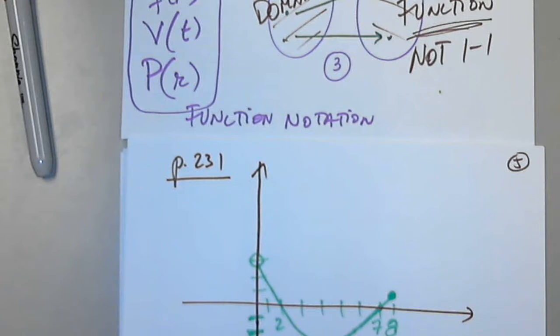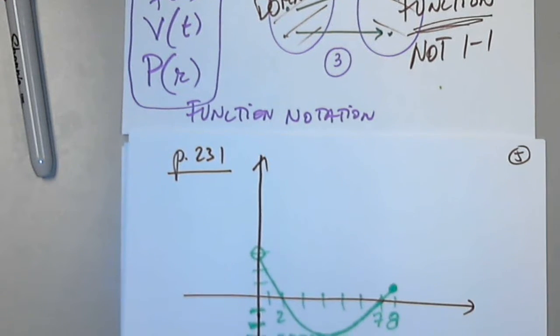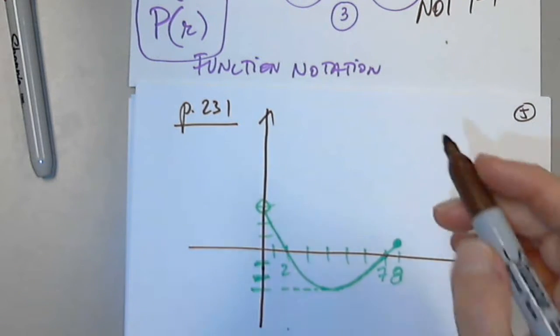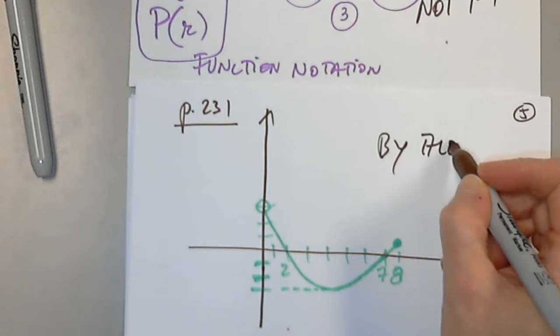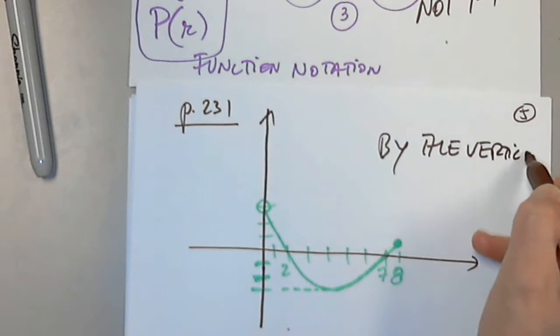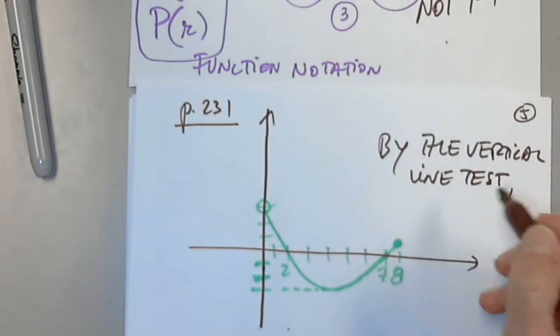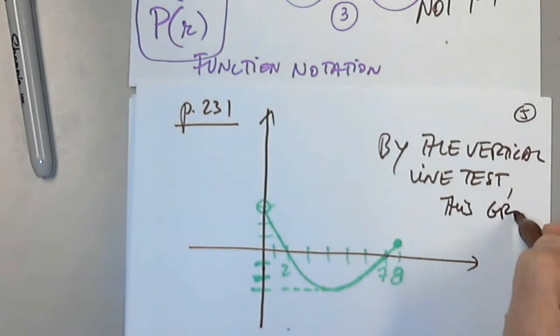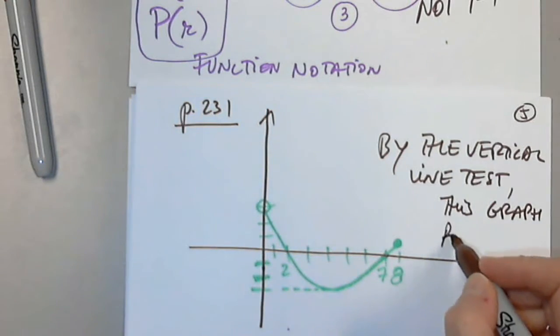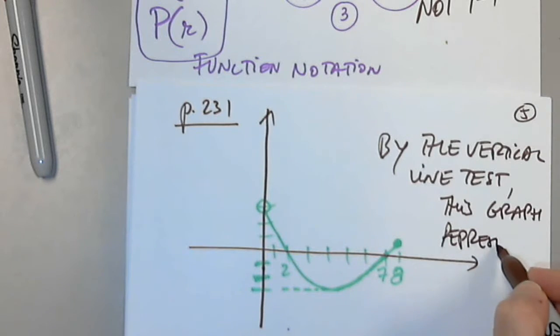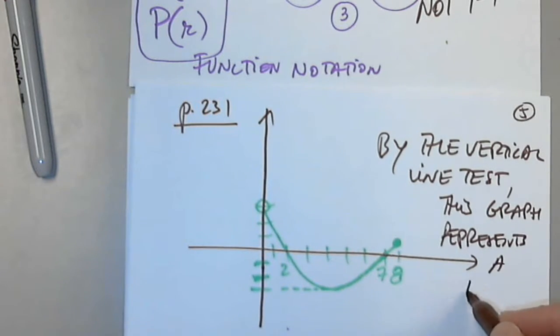Okay. Is this a function? How do I know? Vertical line test. Well, awesome. By the vertical line test, this graph represents a function.